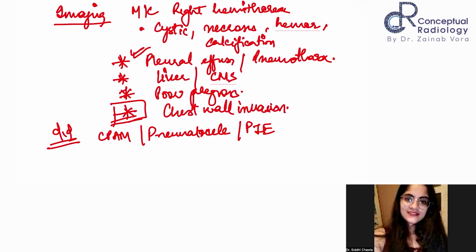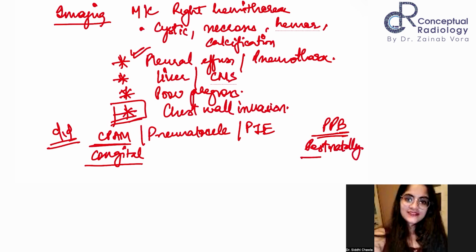Basically, CPAM is a congenital lesion, right? So if the patient has had a fetal ultrasound and antenatal scan, these are mostly detected in the fetal time. Whereas the pleuropulmonary blastoma mostly occurs postnatally. So the prenatal ultrasound will not show this mass lesion. This is one differentiating feature.